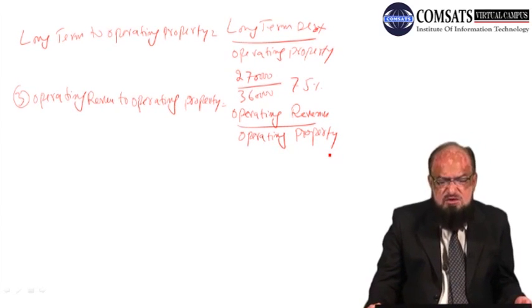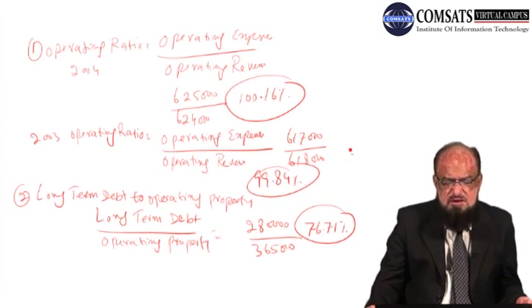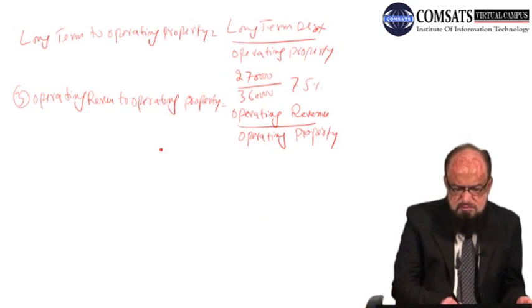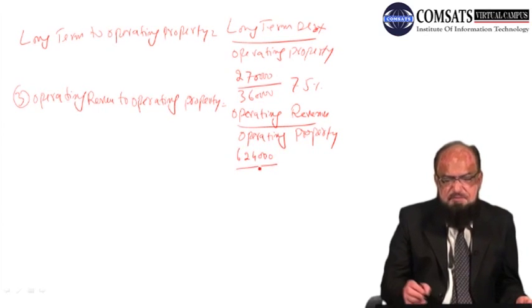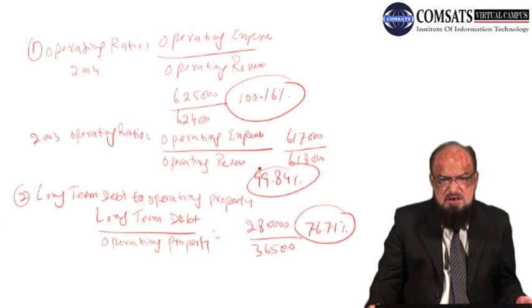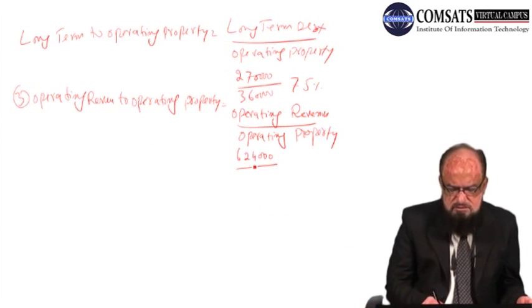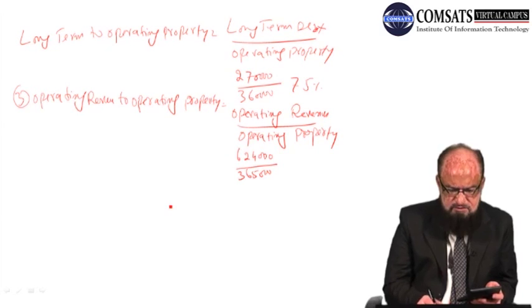Operating revenue for year 2004 is given, that is 624,000, divided by operating property, which is given as 365,000. Calculate it: 624,000 divided by 365,000 is 1.71 times.